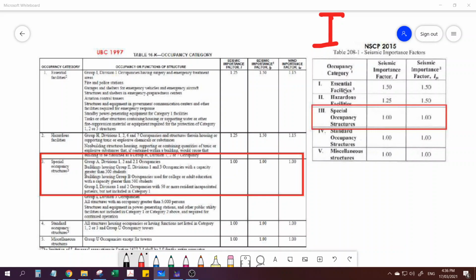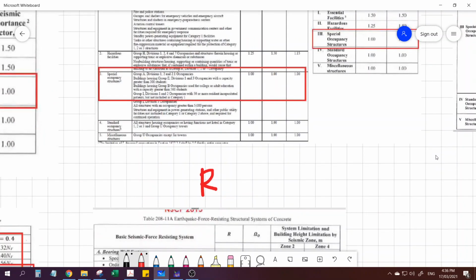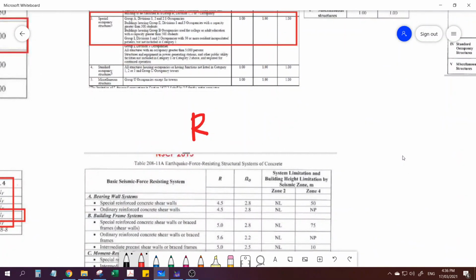For now, as our discretion, essential facilities, because what's the definition? Structures and shelters in emergency preparedness centers. So in case there's an emergency, we can use the school as an emergency preparedness center.